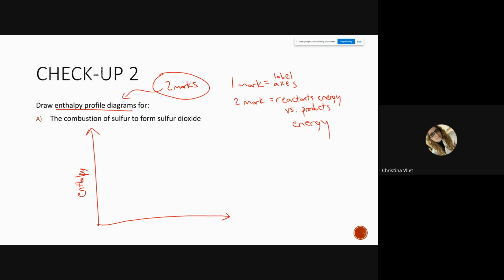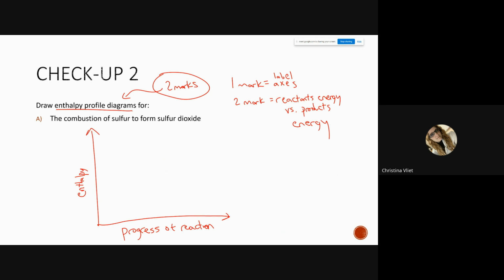They do. Cambridge accepts it. If you study a higher level American curriculum, they'll be like, stop that. But Cambridge would accept enthalpy or energy. And then over here, what is this? Progress of reaction. All right, 1 mark for that. 2nd mark.